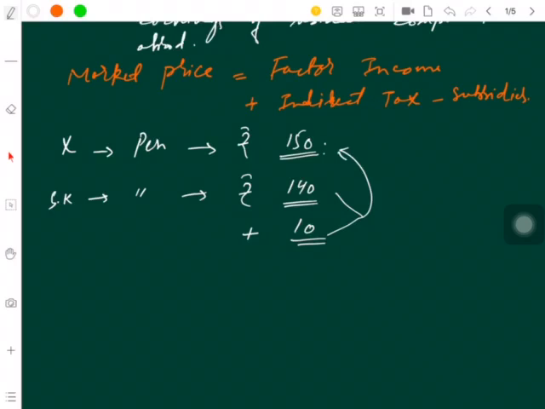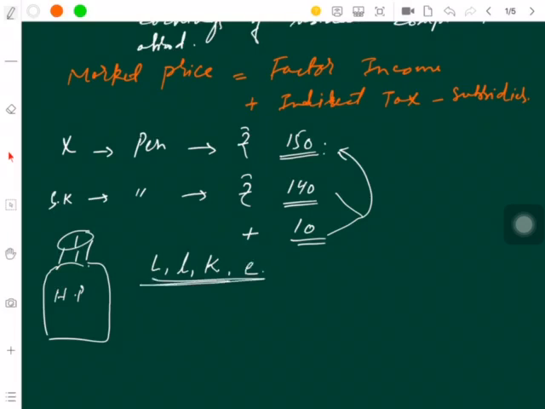Now let us make one more example. Say in order to produce a gas cylinder, you put some labor in it, rent for land, you put some capital also, and you have some managers and organizers, etc. This all takes 800 rupees.